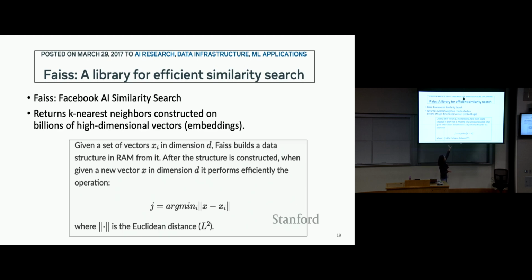It is the one with the minimum Euclidean distance between the x and each of the x sub i, because it's a multidimensional vector, and it will return you the top k, whatever it is that you want. So this is a very well optimized package that is available from Facebook, and this is one of the basic subroutines, in a sense, that is in ColBERT.